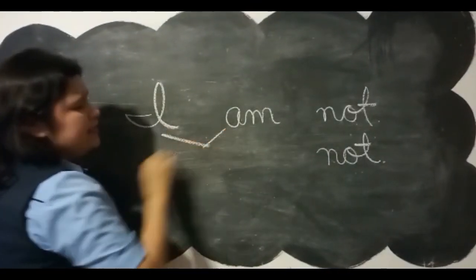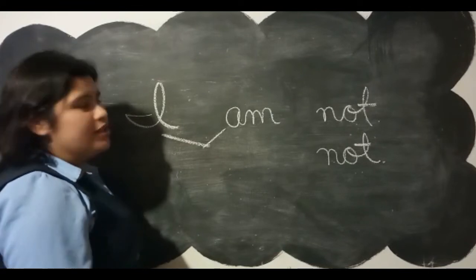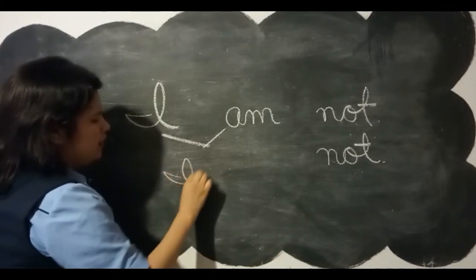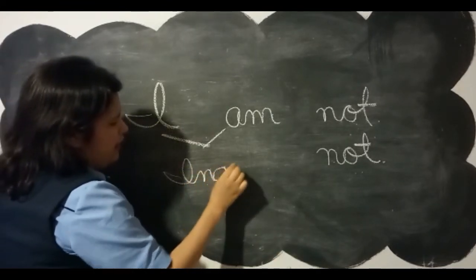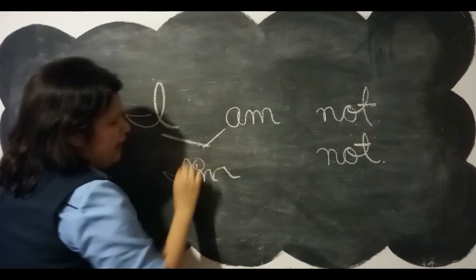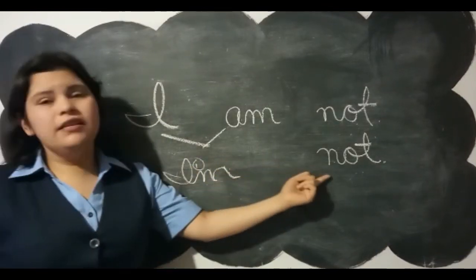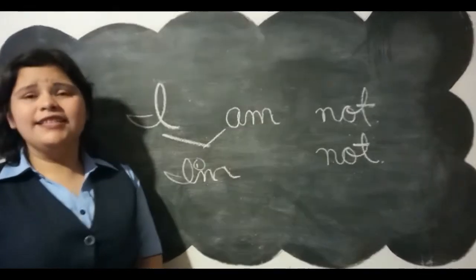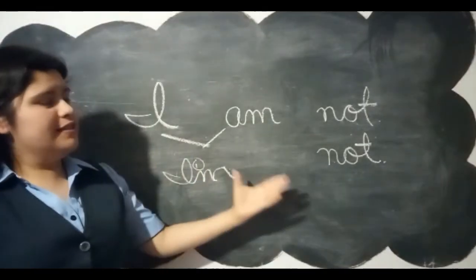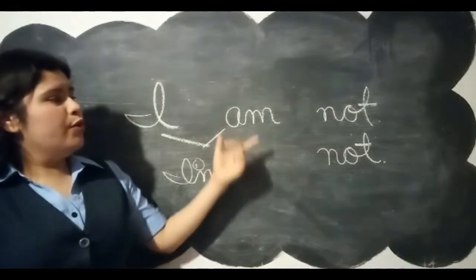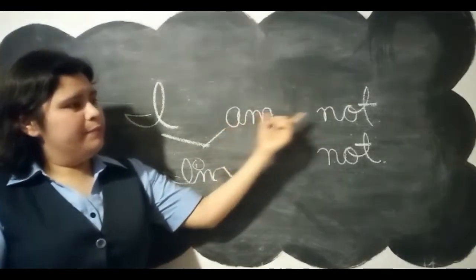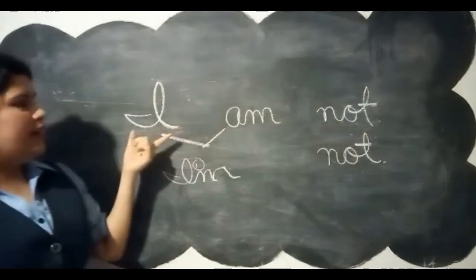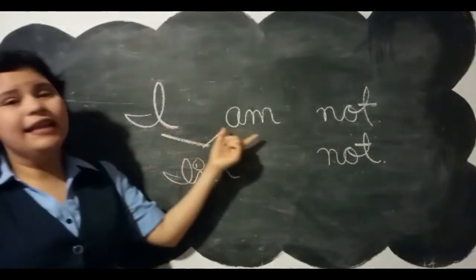So the answer in the negative contraction will be I'm not. And this is the answer. Pay attention because this is a special case. We will not join am and not. We will join I and am.